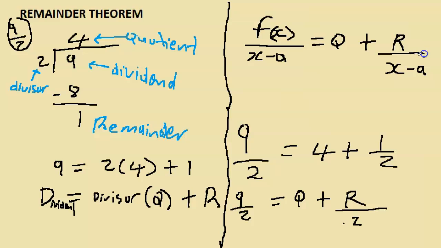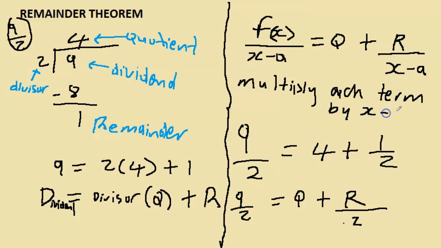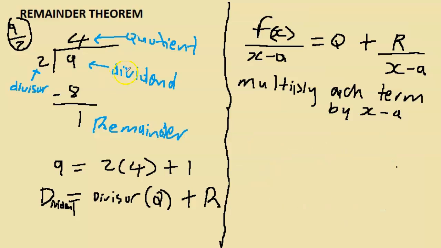Alright? Now I'm going to multiply each term by x minus a. And so we'll end up with x minus a times the left hand side there.